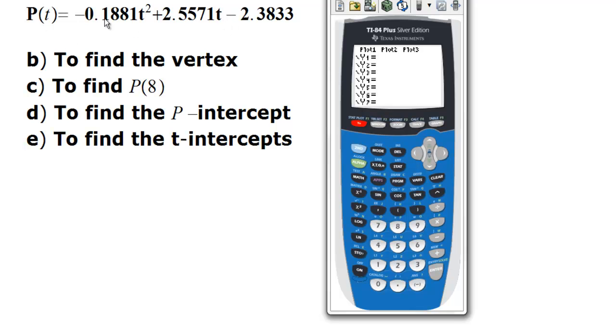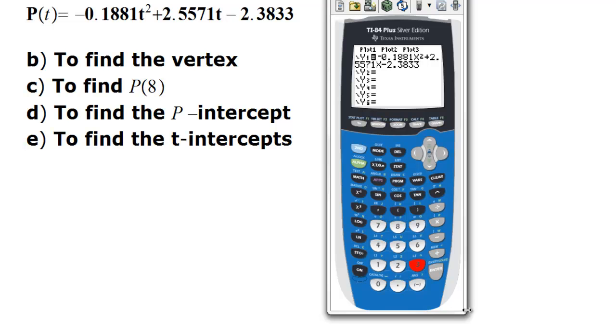So the first thing that we will do is carefully enter the function. So we have a negative sign, 0.1881, and then instead of t we are using x squared, and then we will have 2.5571x instead of t, and then minus 2.3833.